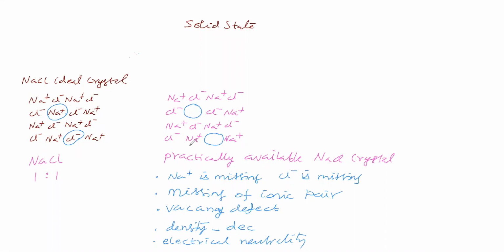For this Na plus, Cl minus is missing. So for each Cl minus, an Na plus is there. Therefore we can say this is electrically neutral. Electrically neutral means total positive charge and total negative charge are equal.